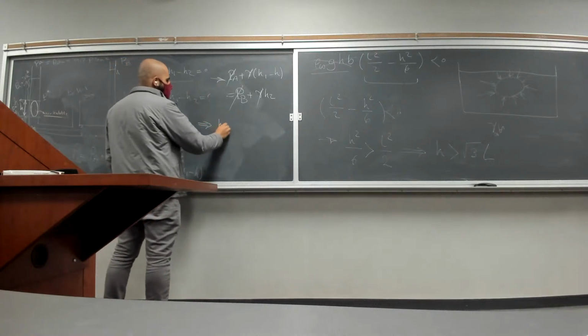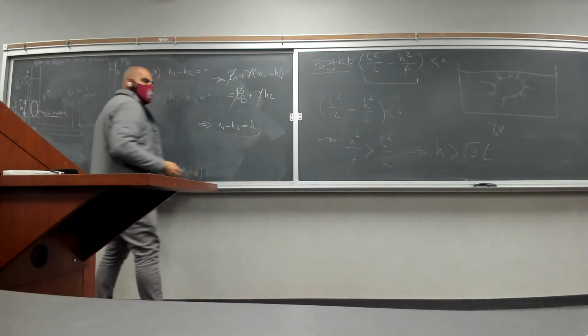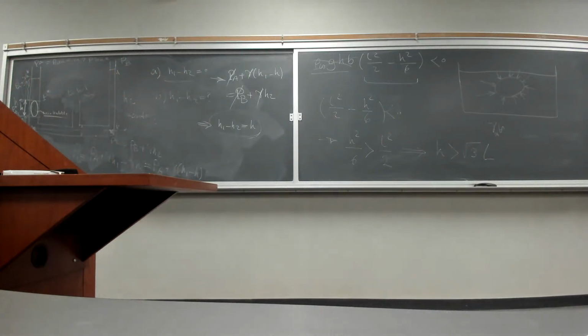So H1 minus H2 is going to be equal to H. So if you have an air bubble stuck in one of the vertical columns, then the height of that column that has the air bubble in it is going to be higher, right? How much higher? The length of the bubble higher. Is this clear? Okay.